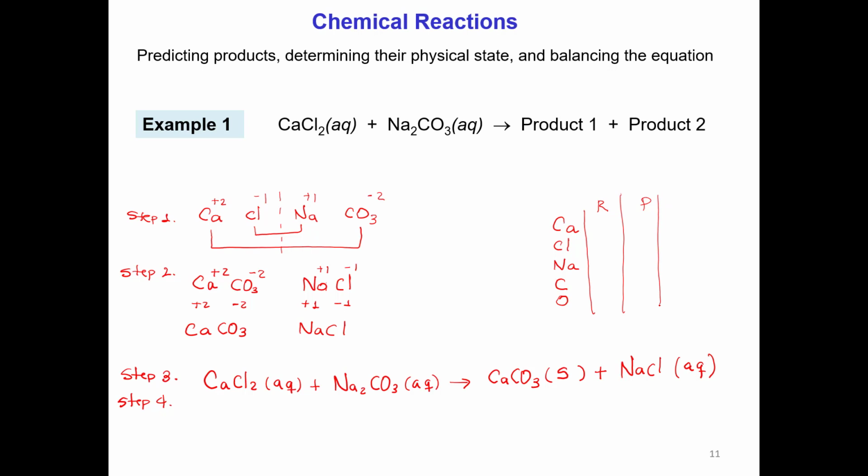We have 1 calcium on this side of the equation and 1 calcium here. For chlorine, we have 2 chlorines here, but here we have just 1. In order to get the same number of chlorine, we need to multiply this molecule by 2. Now 2 times 1 is 2, so we have 2 and 2.